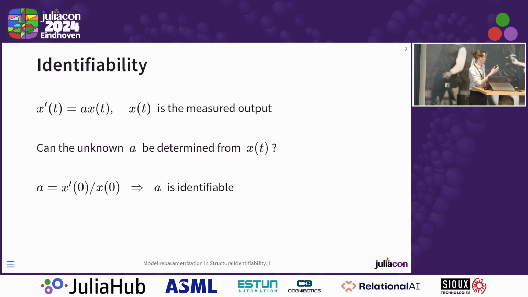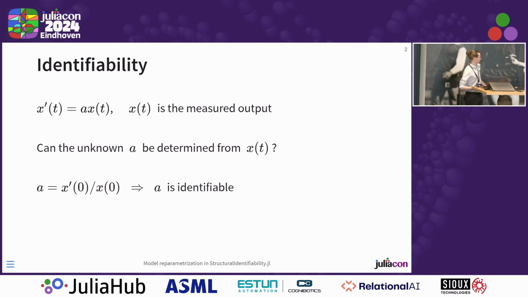So I write x of t, which is some process in time, and I write a, which is some time-independent unknown parameter. I conduct an experiment, I measure x of t. Now structural identifiability answers the question if a, this unknown parameter, can be recovered uniquely from the measured data x of t.